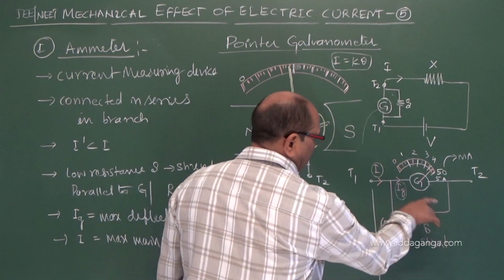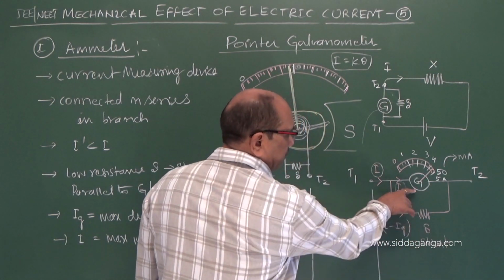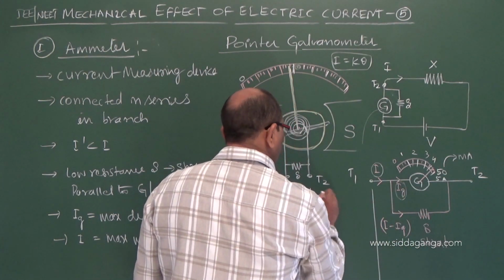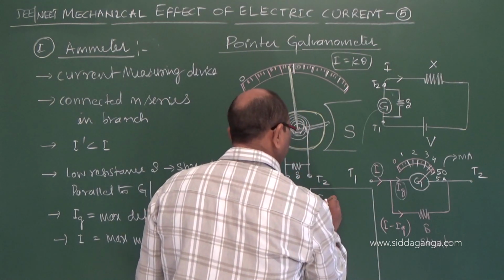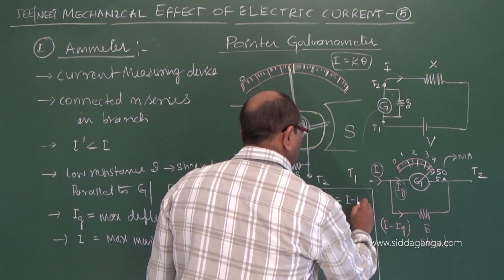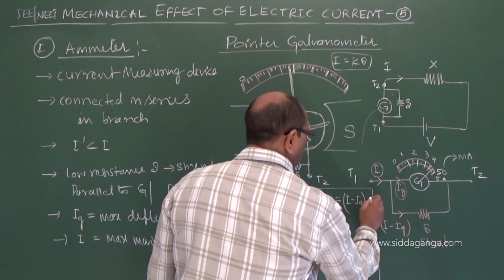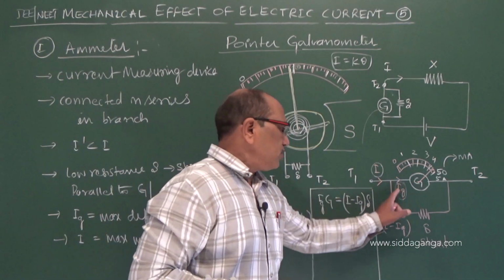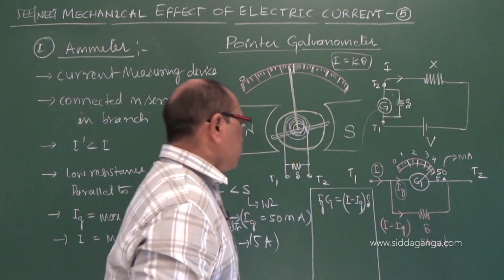The remaining current is bypassing. G and S are parallel. Therefore, I can write Ig into G equal to I minus Ig into S. Ig into G is I minus Ig into S.